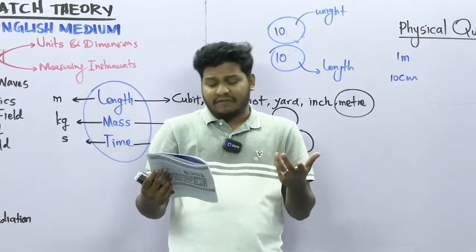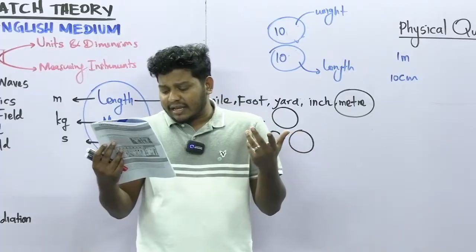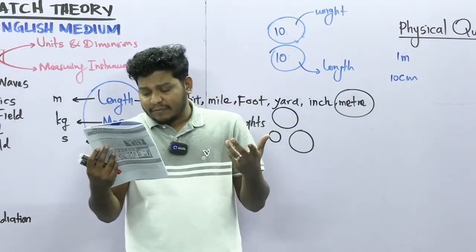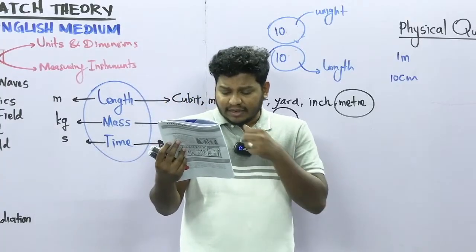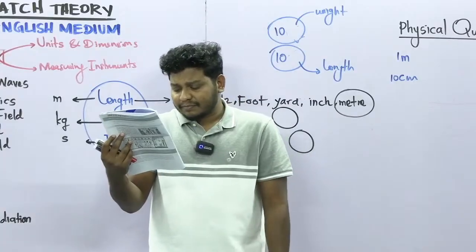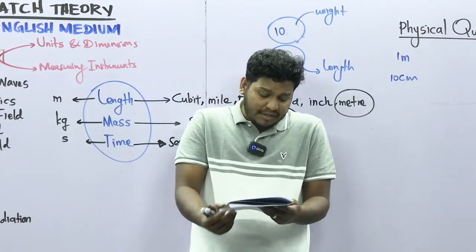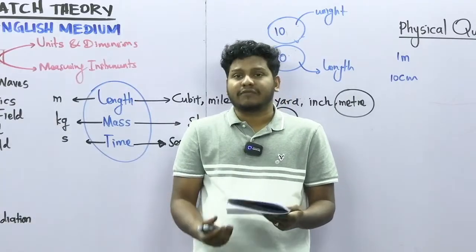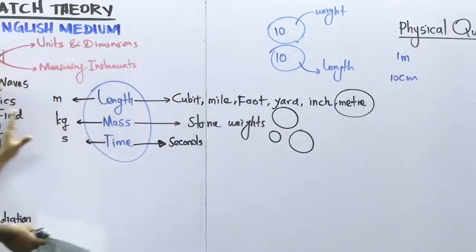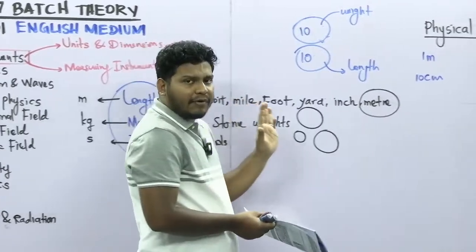The first is accessibility, the second is invariability, the third is reproducibility, and the fourth is indestructibility. These are the essential features of standard units. Anyhow, you should know the importance of measurement and units here.